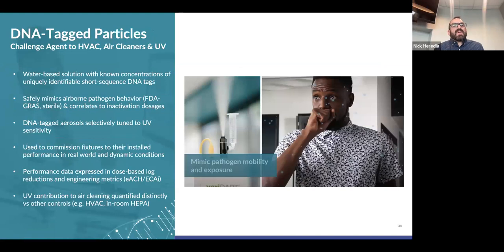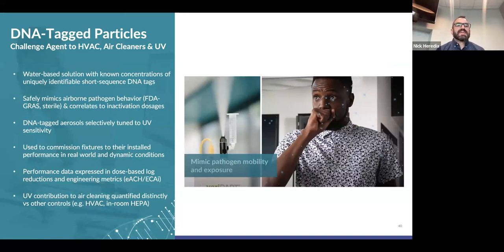So DNA tagged particles are basically water-based solutions with known concentrations of uniquely identifiable pieces of DNA. The DNA basically acts like barcodes, so you can follow these DNA particles and count them. They safely mimic airborne pathogen behavior, and the FDA considers it generally regarded as safe, or GRAS.